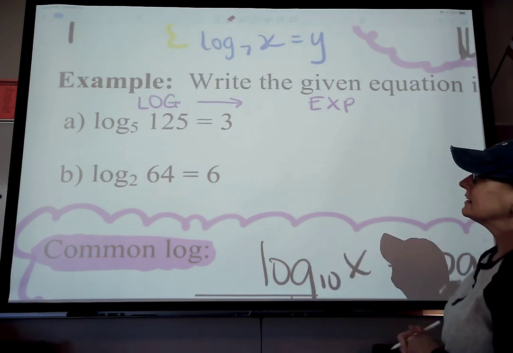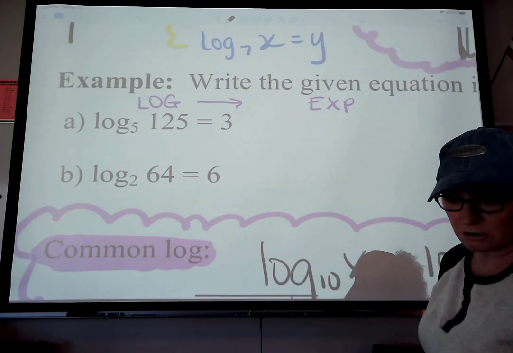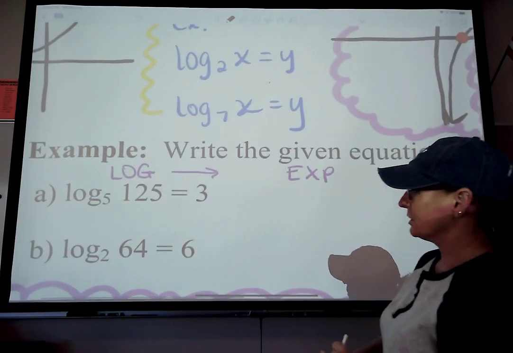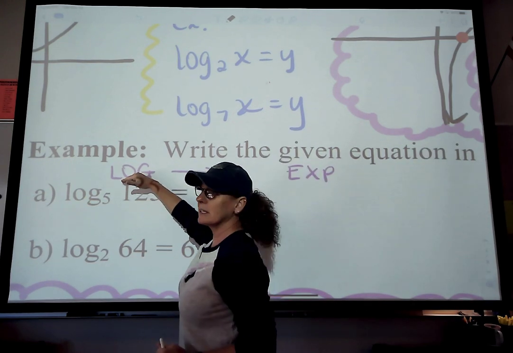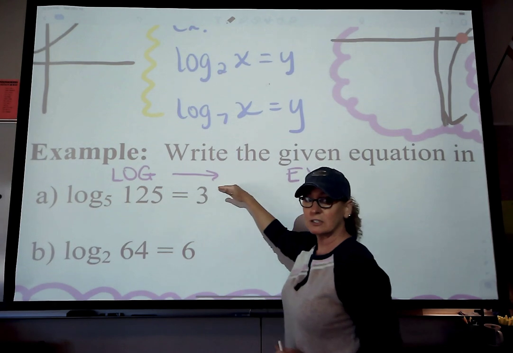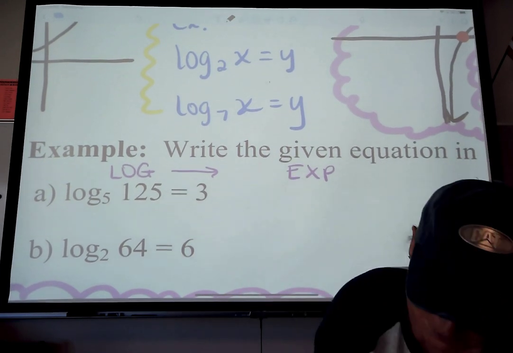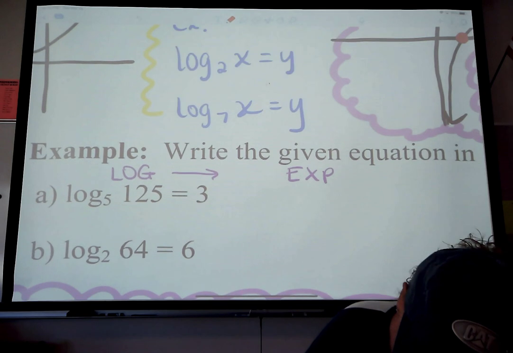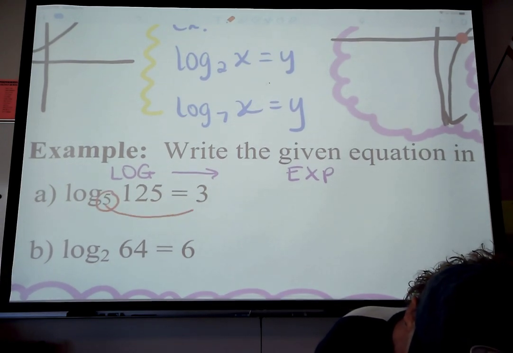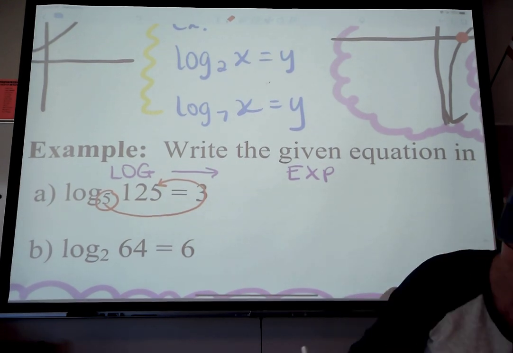So, first thing it says is, hey, let's take a current true logarithm and change it to the different form. So, notice I've clearly stated, hey, these are in logarithm form. We are going to change them to exponential form. Here I go. Changing it, I'm going to grab the base, swirl around, hit the 3, end at the 125.